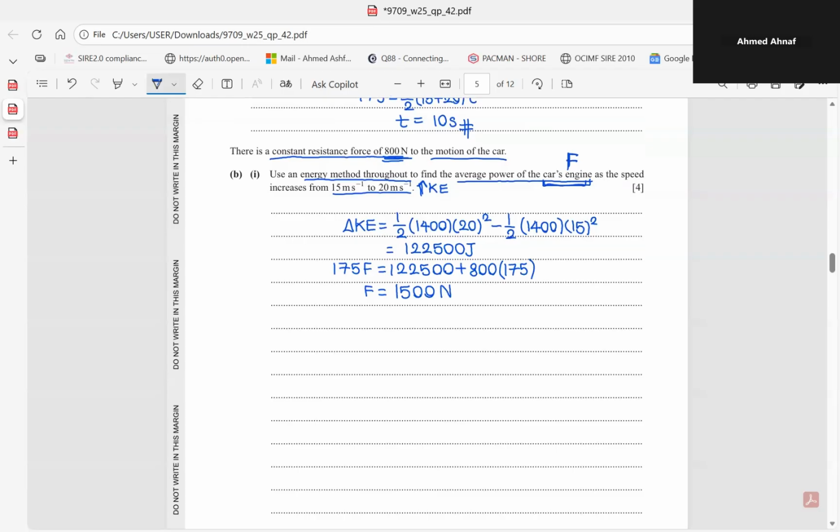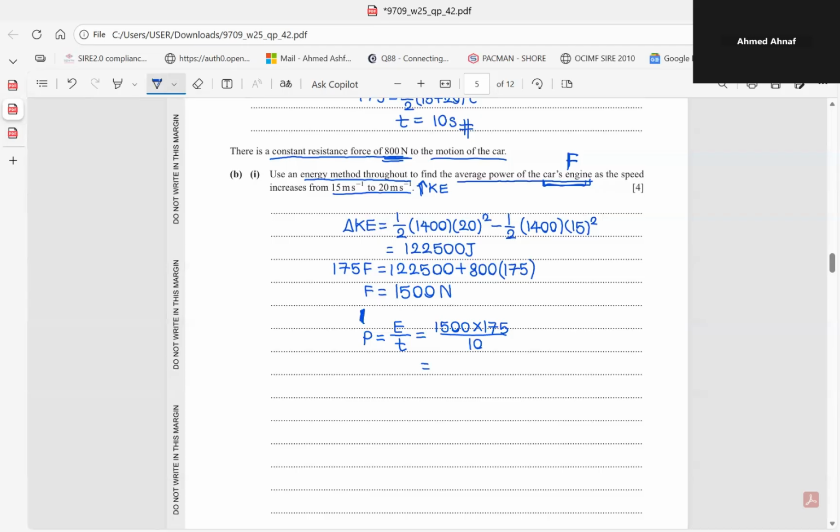Now we're going to find the average power. That's just going to be the work done by the car's engine divided by the time. Work done is the force times the distance, divided by the time, 10 seconds.